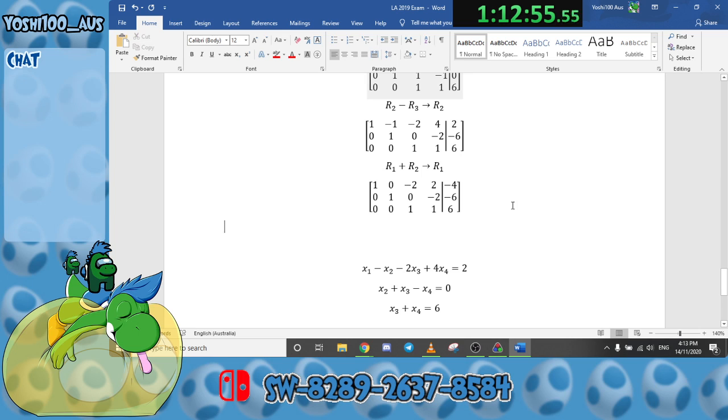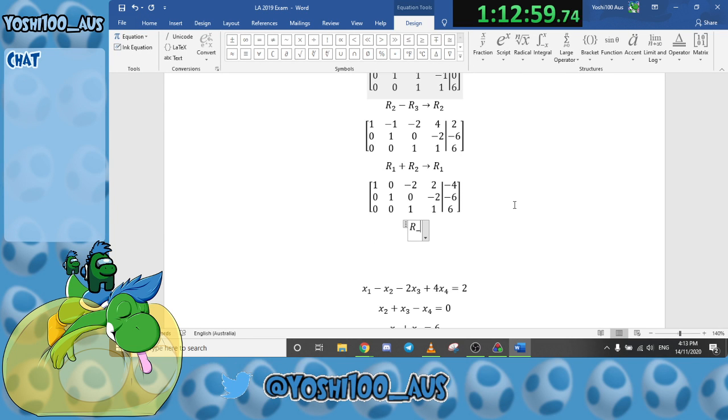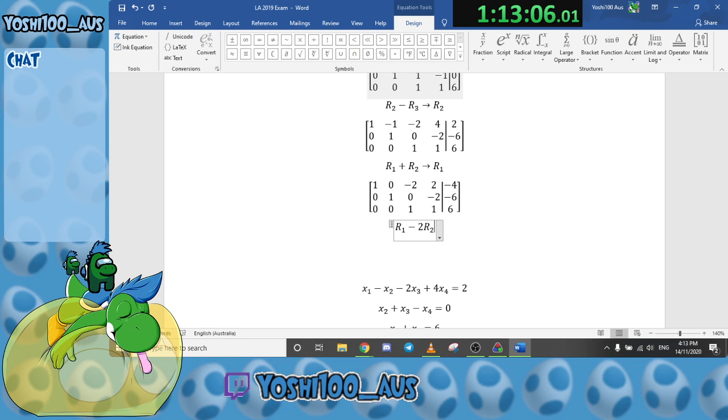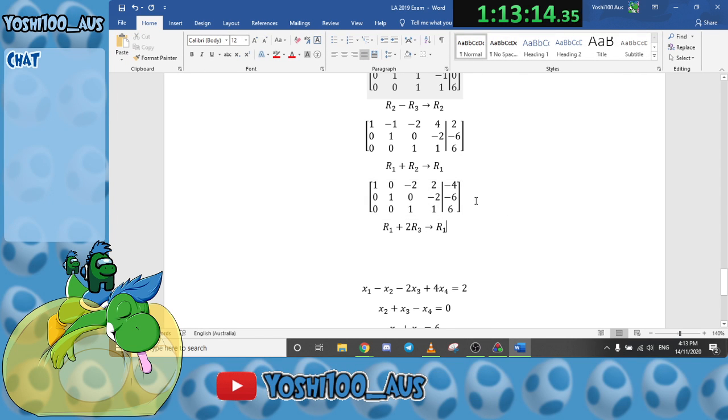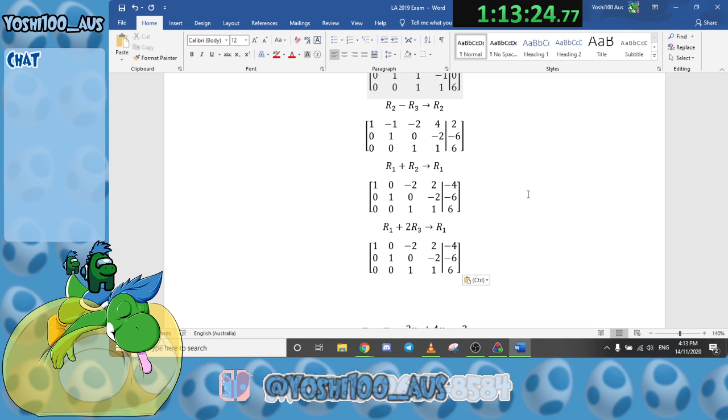Good one. 1 take 2, 2 R2. Oh, plus R2. 2 R2. Sorry. 3 becomes 1 now. I think I will be confident doing the exam without having to scan stuff in at this rate. It's good.